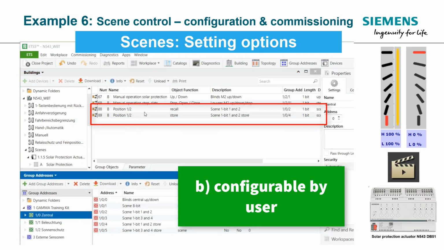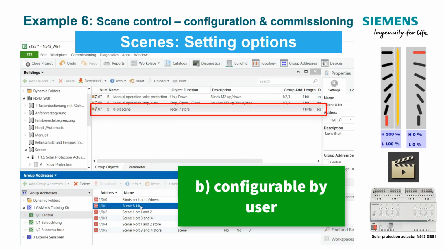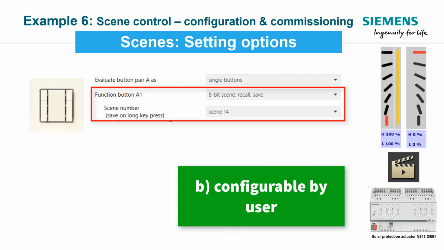The 1-bit scene uses a second object with a second group address for this purpose. The 8-bit scene is stored by sending the scene number plus 128 to the actuator. In modern application programs for touch sensors, you do not have to calculate, but simply select whether to save a scene by using a long keystroke additionally to recalling it by a short one.